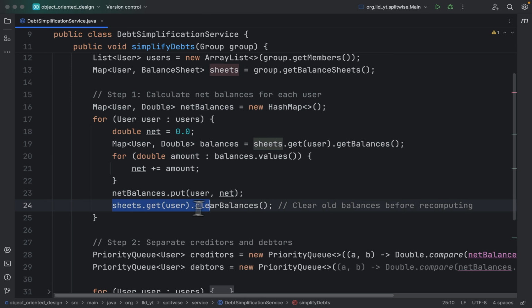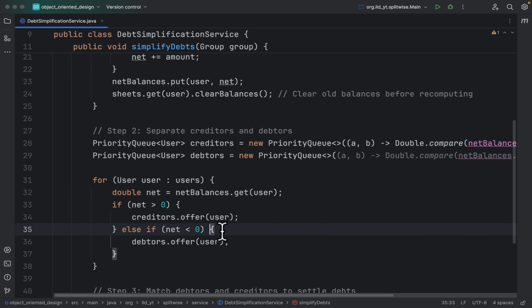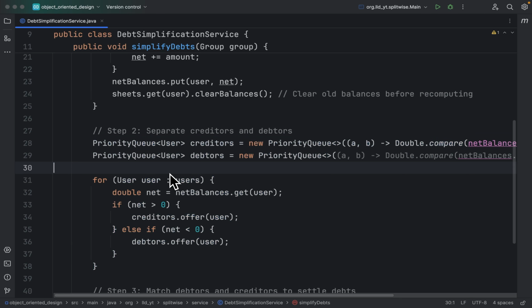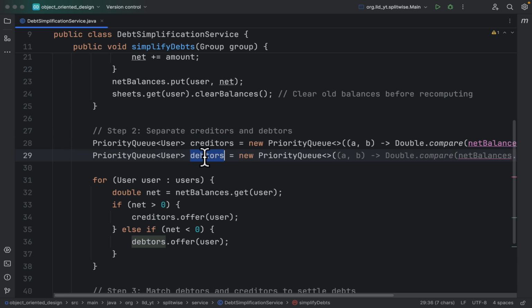So this is how I am removing the old edges, and I am calculating the net profit or net loss of each and every user. Then in the second step, I am segregating the positive values and the negative values. All the positive values will go into the max heap, and all the negative values will go into the min heap. Okay.